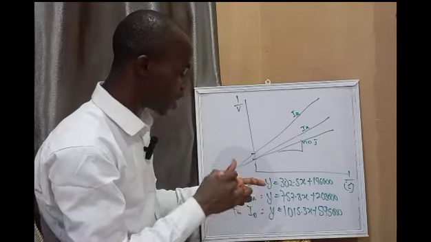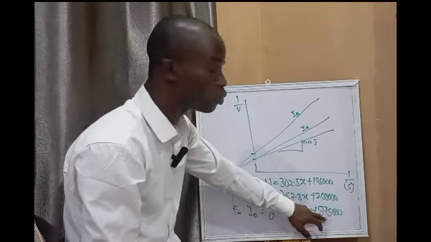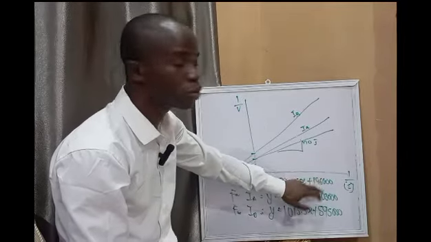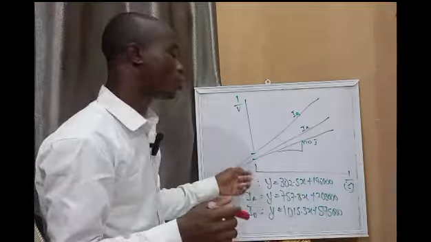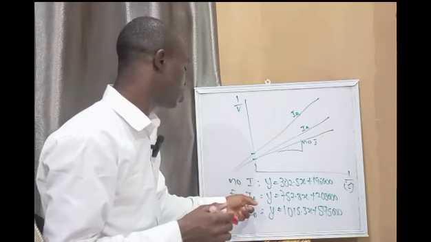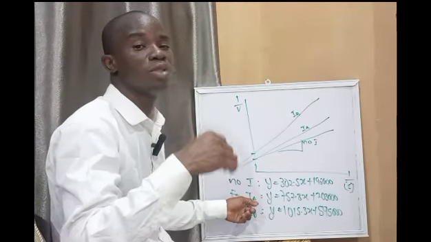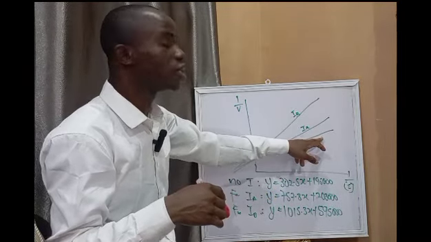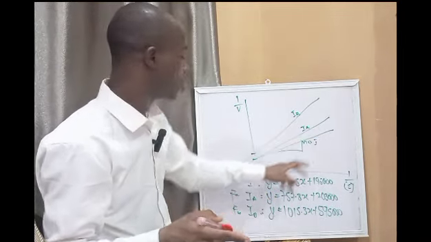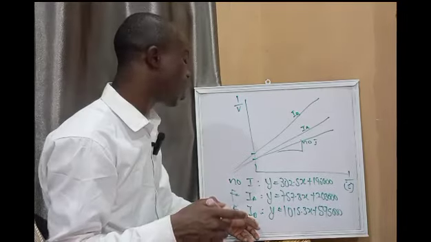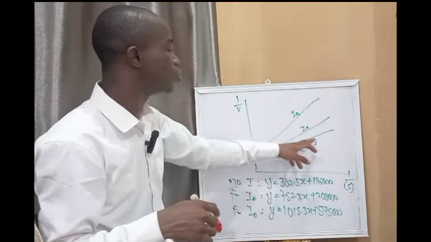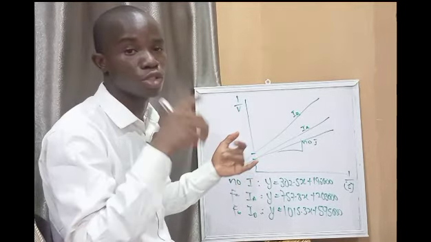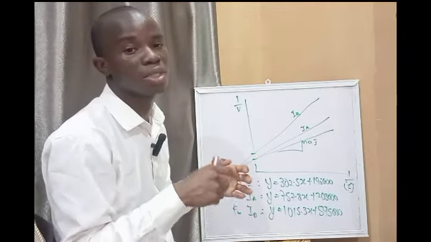Now you can see that this y-intercept for the third line is far different from what we have in these two lines. So this already shows us that inhibitor A is a competitive inhibitor compared to the line of no inhibition, while inhibitor B compared to this line is a non-competitive inhibition because the slope and the y-intercept are different.